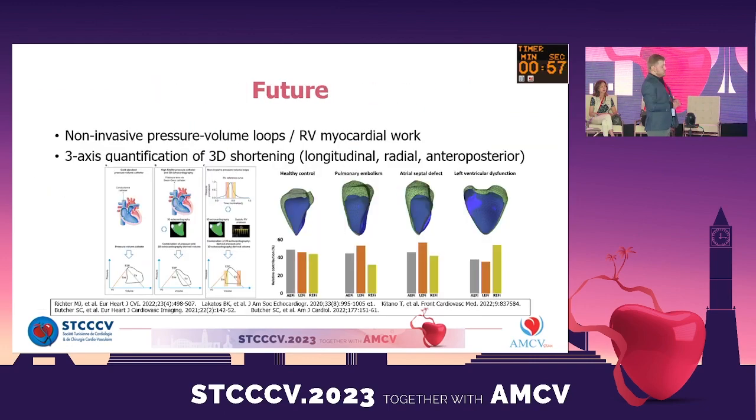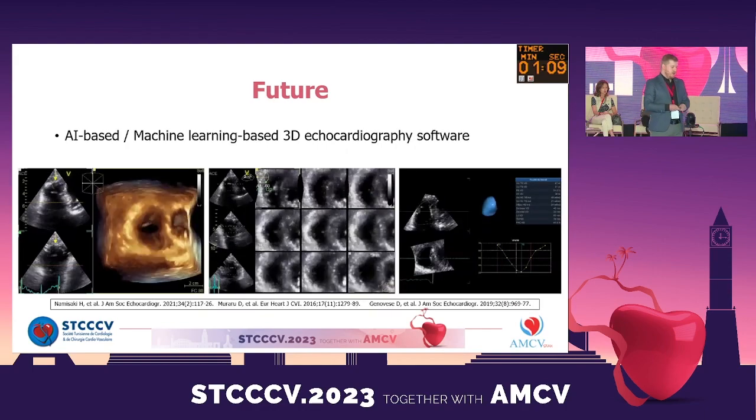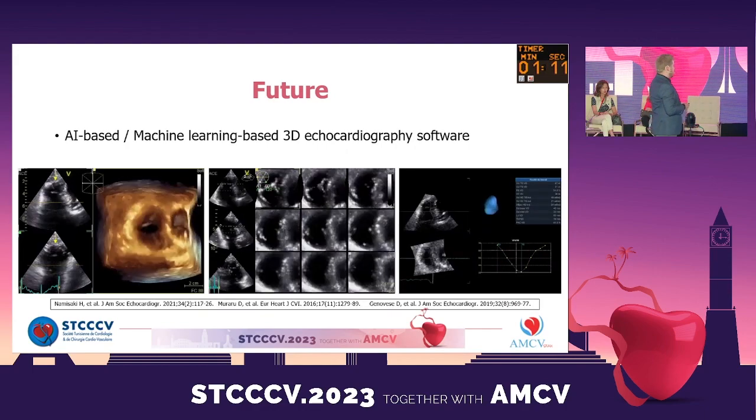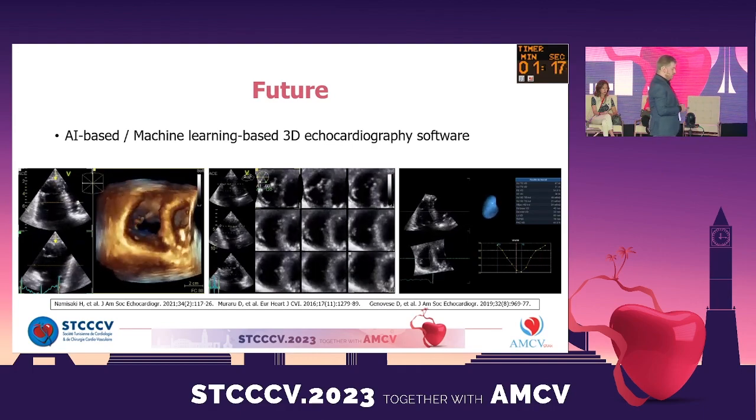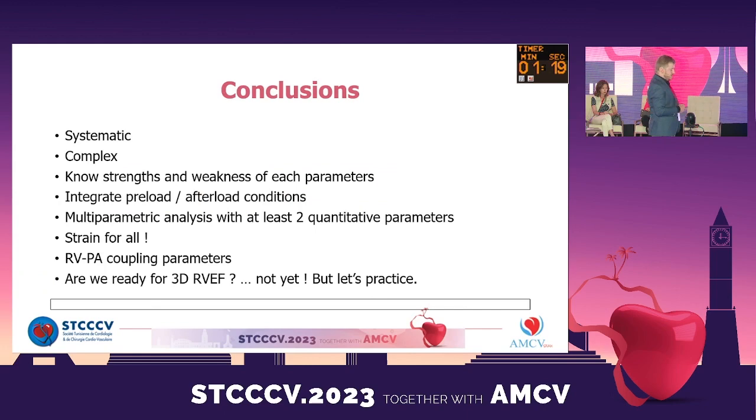So in the future, we have non-invasive pressure loops evaluation, RV myocardial work. We can quantify 3-axis quantification of 3D shortening, and maybe AI-based or machine learning 3D echo software will increase in quality and save us time and do a more complete evaluation.